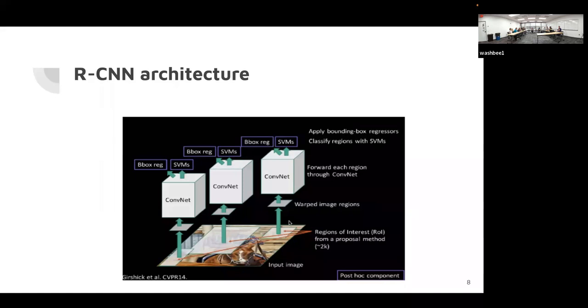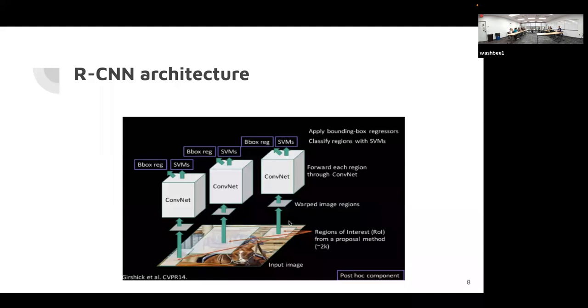And at last, the class of objects is determined with SVM, using the features from these networks and the bounding boxes of the objects. So when you cluster the pixels, they are not clustering into boxes. How do you obtain the boxes, the rectangular shapes, as the input to each CNN?